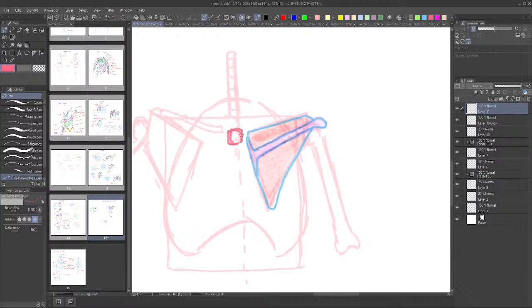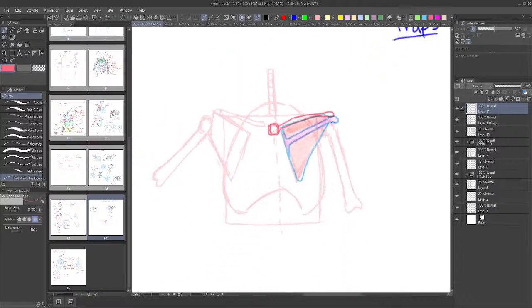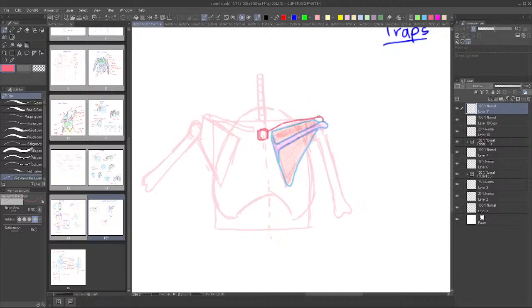Here's the sternum or the breastbone. So it usually comes like this. So they connect here. And now from here, we have 3 bones which are connecting.